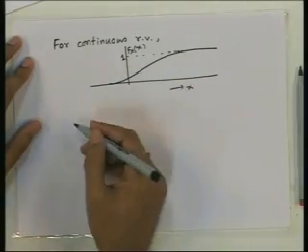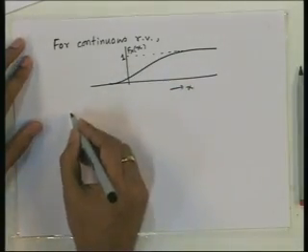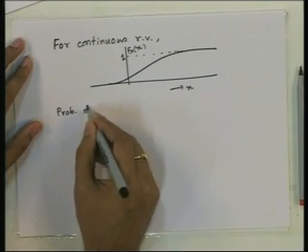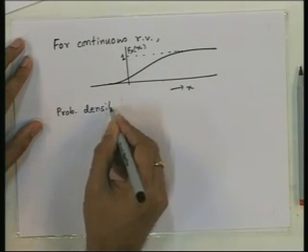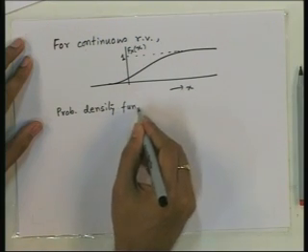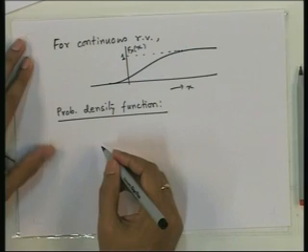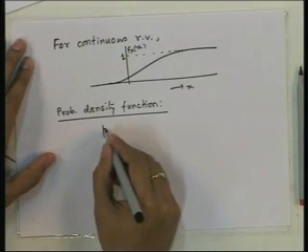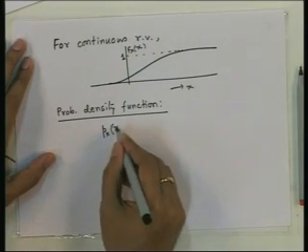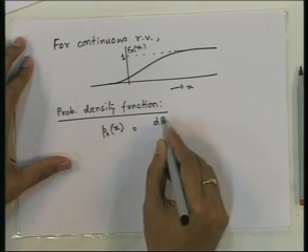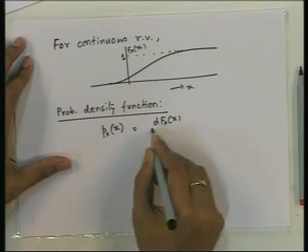the probability density function. So, we define another quantity, the probability density function. It is denoted by this, and it is d F_X by dx.